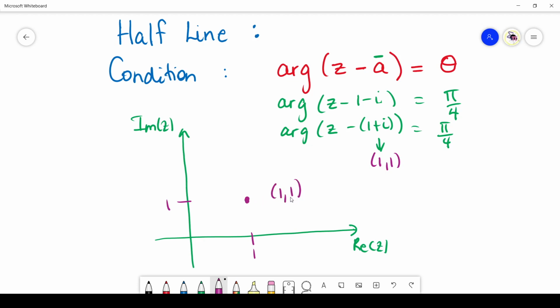Let me draw this a little bit not in the way of where I want to write stuff. Usually you're accustomed, when you have to draw an Argand diagram, to connect from the origin and go in that direction. But this is a special type of line.